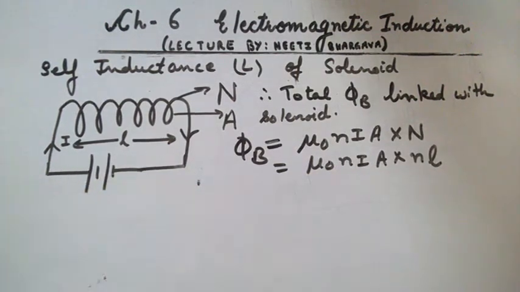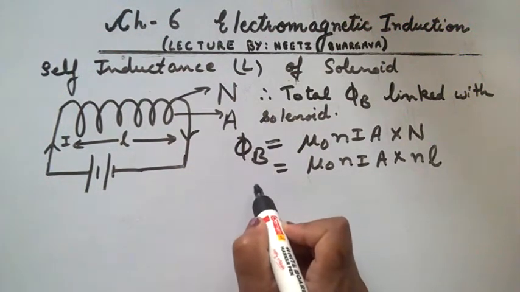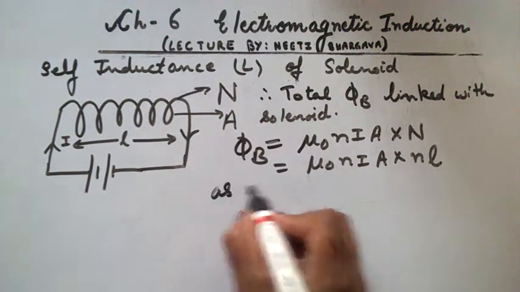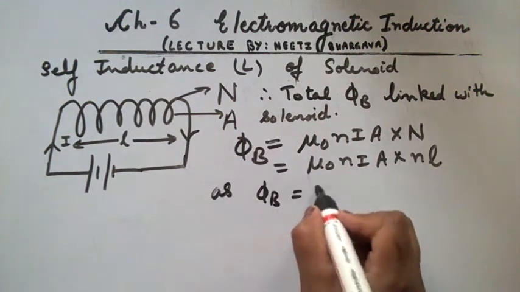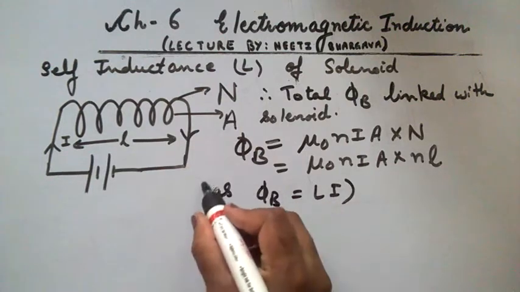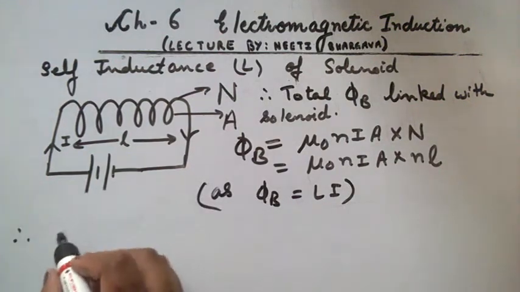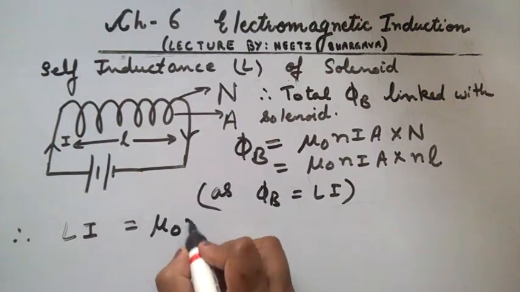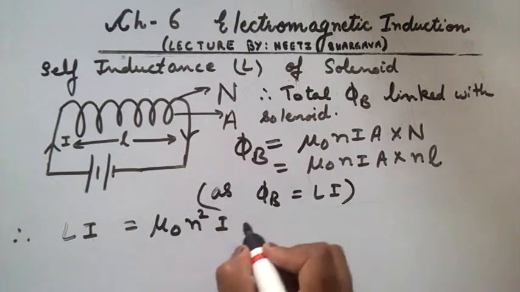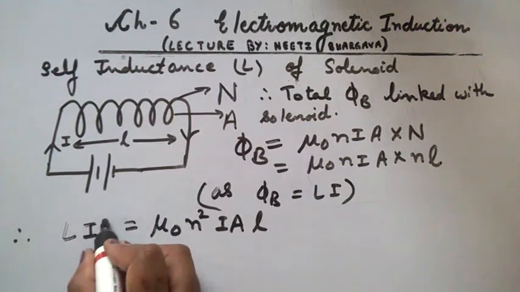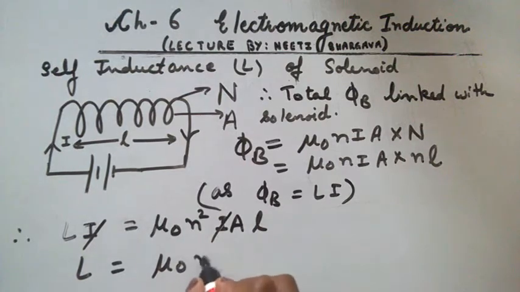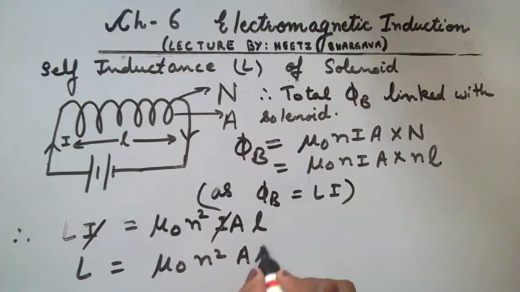Or we have studied that magnetic flux in terms of self-inductance is phi B equal to L I. Therefore, we can write L I equal to mu naught n square I A l, or we get L equal to mu naught n square A l.